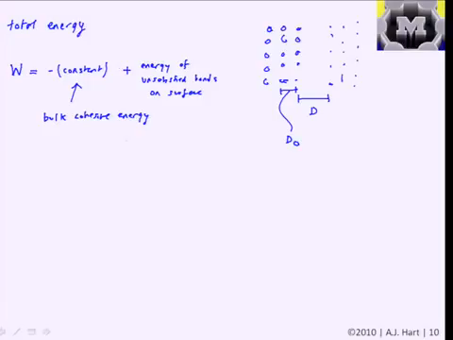And then we'll have another term which we're going to give a negative sign, or ends up being a negative sign from last time, to characterize the interaction between one surface and the other surface. And then this is what we calculated last time as the van der Waals energy.